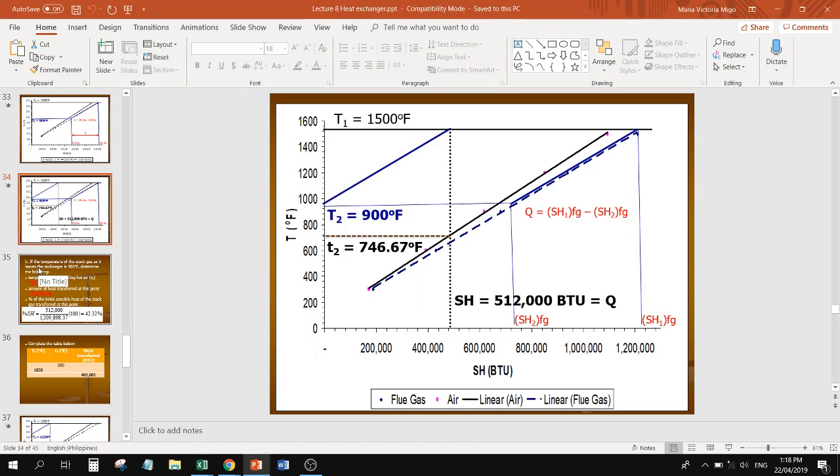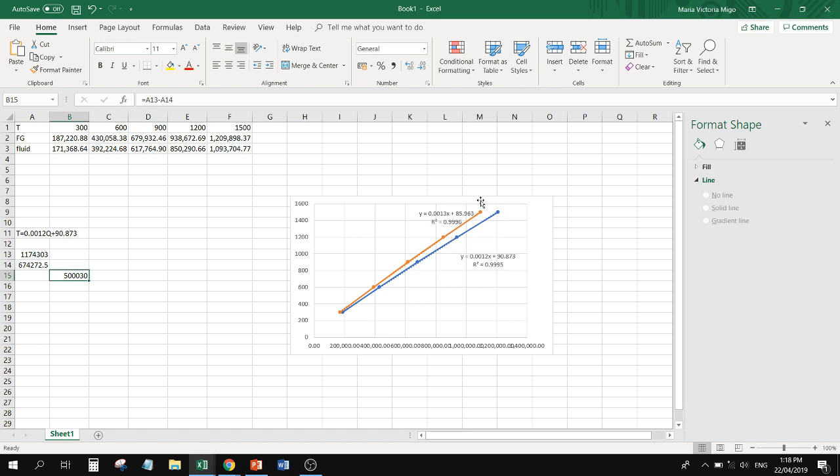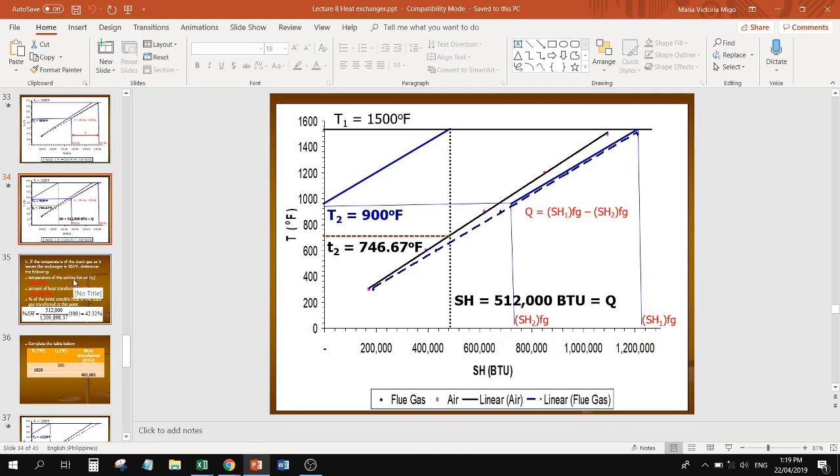So using the equation of lines to solve for small letter T2, what you have to do is substitute Q into the equation of the cooling fluid or working fluid line. So that would be equal to 0.0013 times this value plus 85.963. It's different.